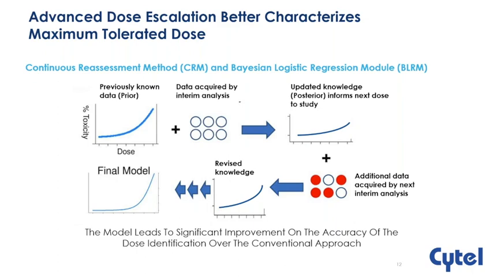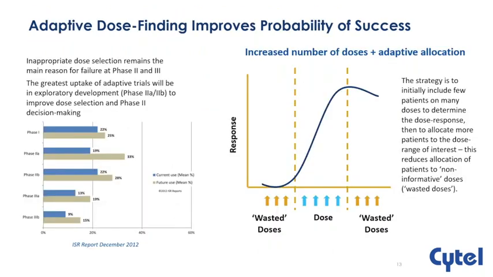But after each reading, you keep on revising your knowledge, and you're making decisions about the next dose based on the entirety of the data. And up until you come to the final model, the sample size for these methods is usually pre-specified, and the operating characteristics are determined by simulations prior to initiating the trial. So that was the example from phase 1.